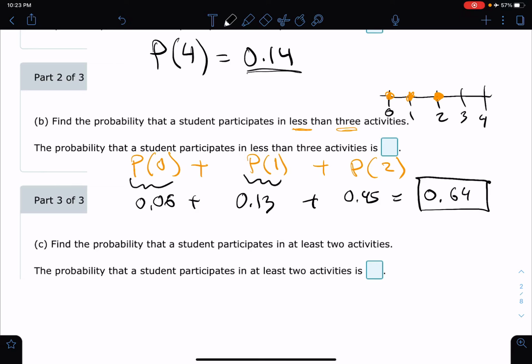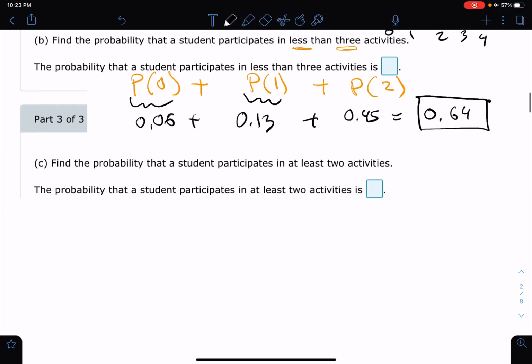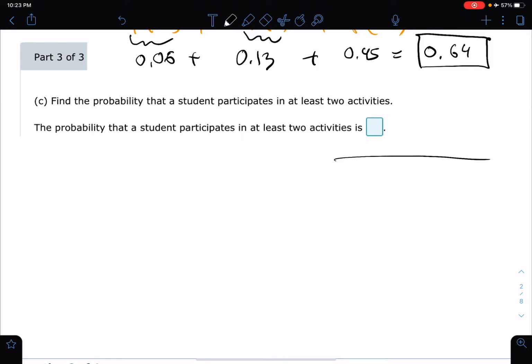Find the probability that a student participates in at least 2 activities. Well, what does at least 2 mean? There's 0, 1, 2, 3, 4, 2, 3, 4. Is 2 at least 2 activities?